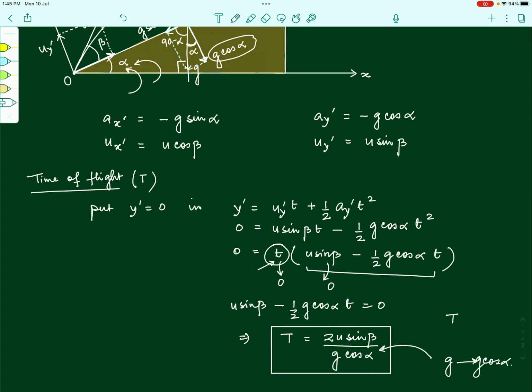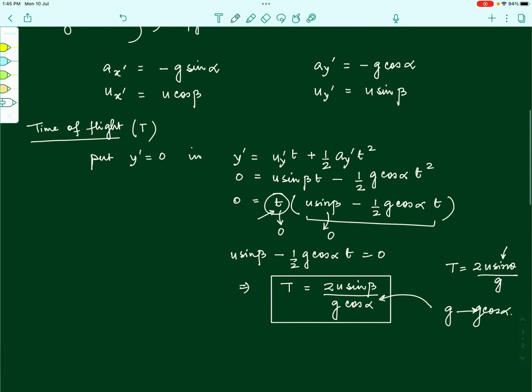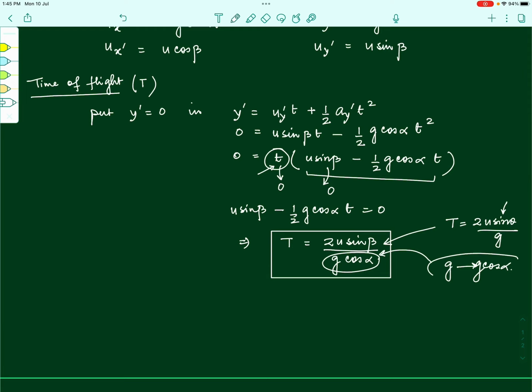If you remember, in a standard projectile the time of flight was 2u sin theta by g, where u sin theta was the initial velocity component uy, right? So we are getting a similar relation here also, but the only difference is that instead of g down here we have a g cos alpha. So that's all the change we need to make in the expression. Otherwise the expression is similar. So this is the time of flight.